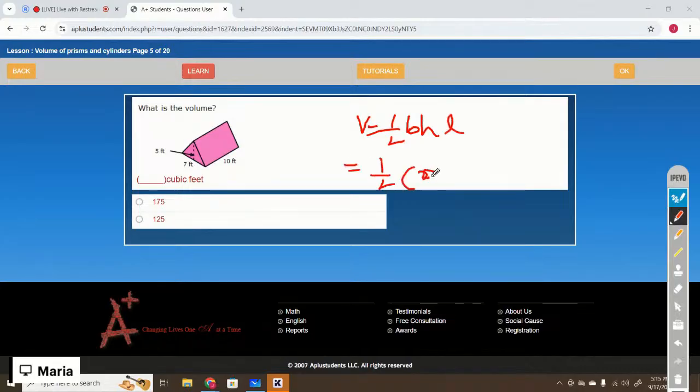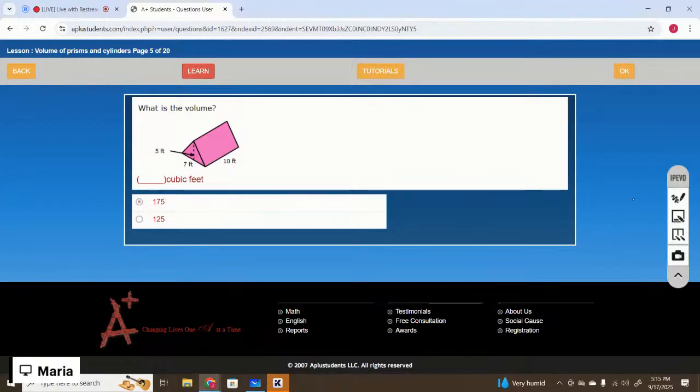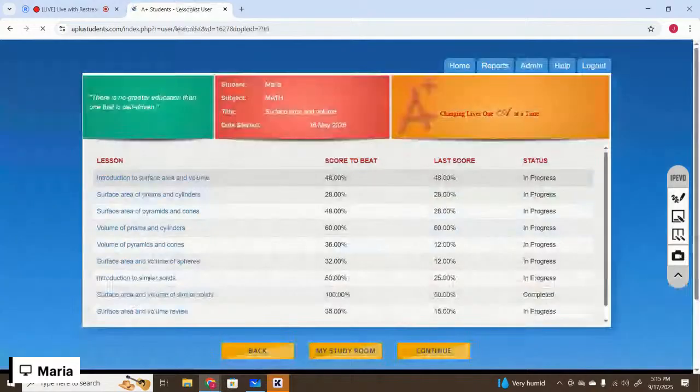That is V equals 1 by 2 times 5 times 7 times 10. That is 175. Option number 1 is the correct option. Okay, you can complete the lesson by yourself later today. Let me just move on to the next lesson.